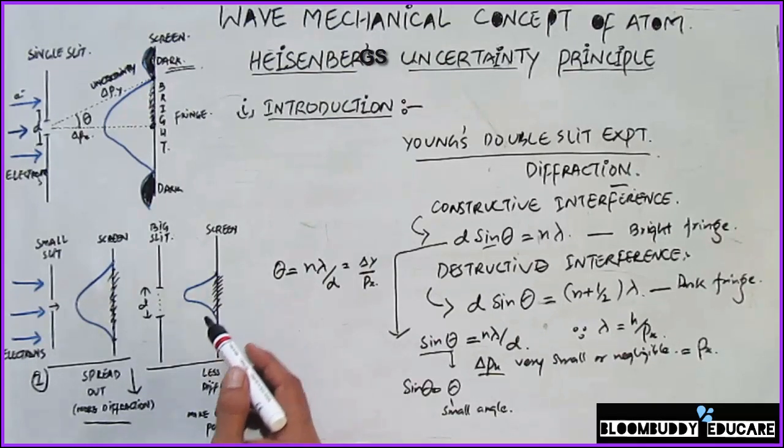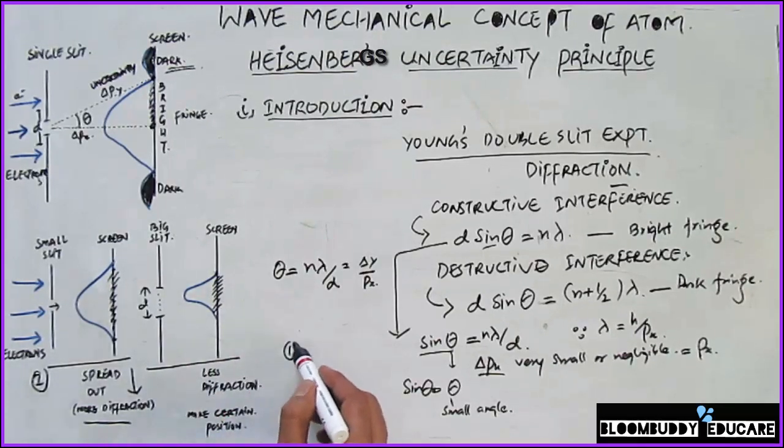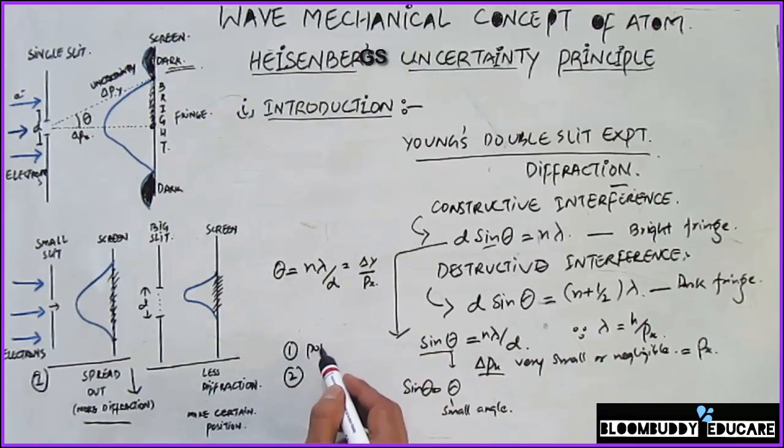So this clearly says that at one point of time we can have more certainty about only one of the things. Either we can be more certain about the position, or we can be more certain about the momentum. It's only because of this problem that Heisenberg was able to deduce the concept of the uncertainty principle.